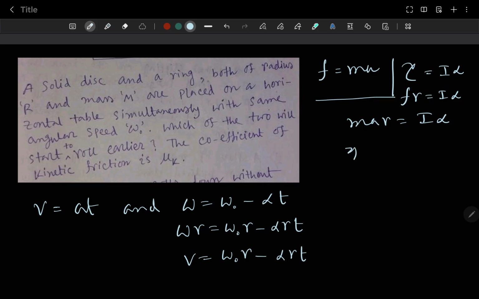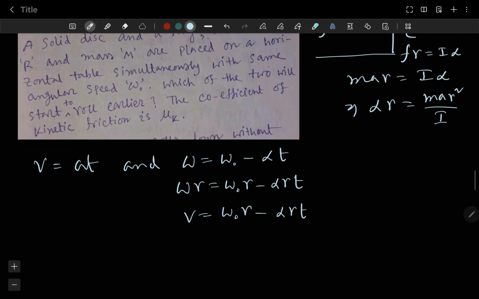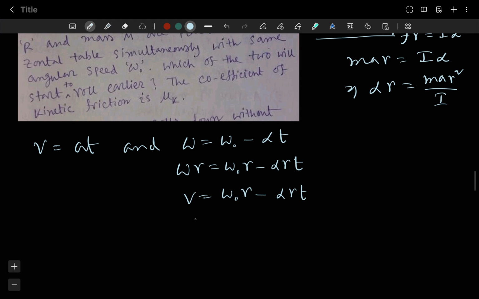So alpha r will be m a r square by I, multiplying both sides by r. Okay, so V will be omega 0 r minus m a r square by I into t.